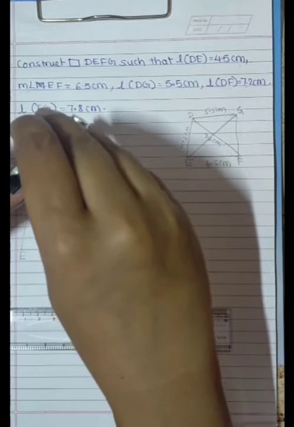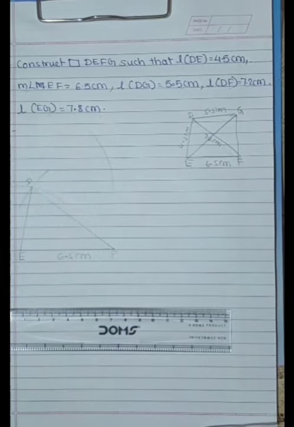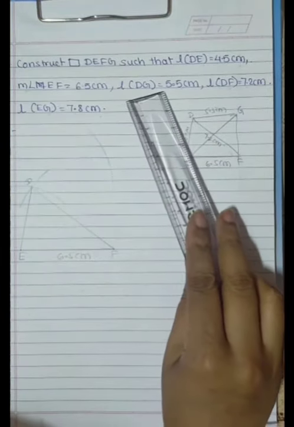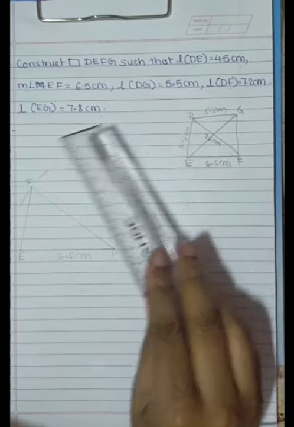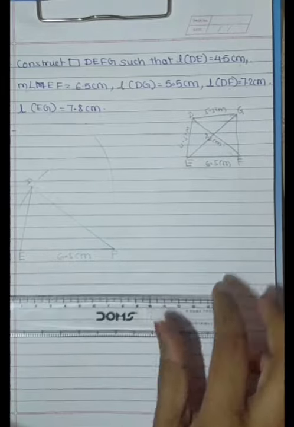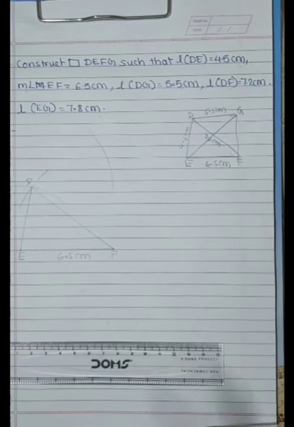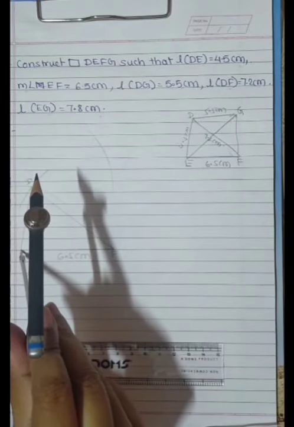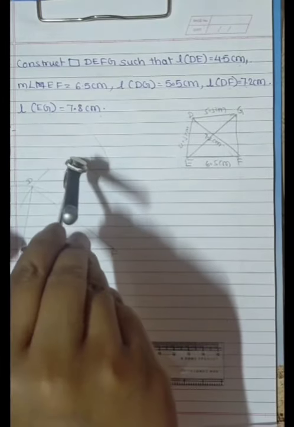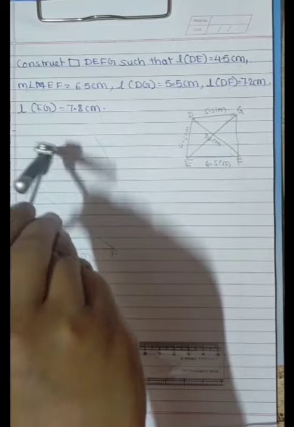Okay, now we have taken DG equal to 5.5 centimeter. Now EG we have to take 7.8 centimeter. Okay.